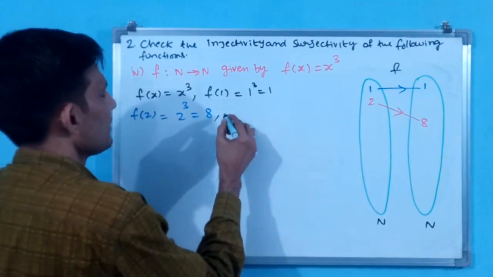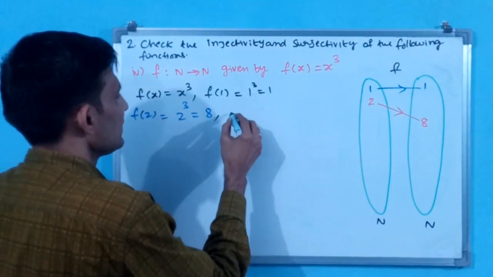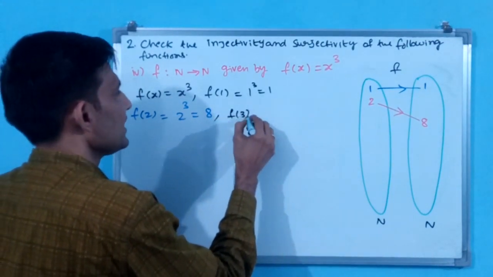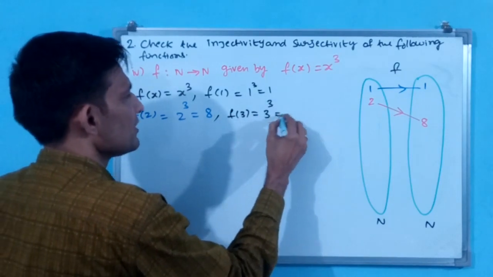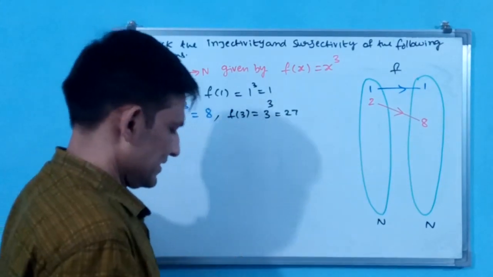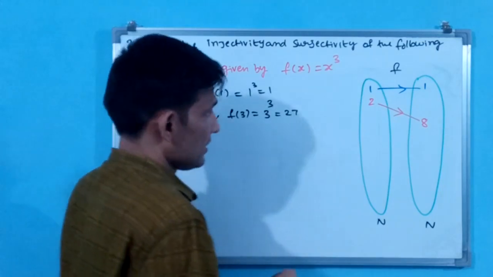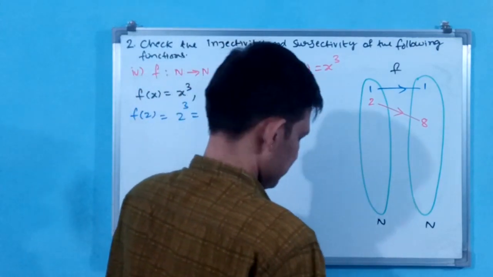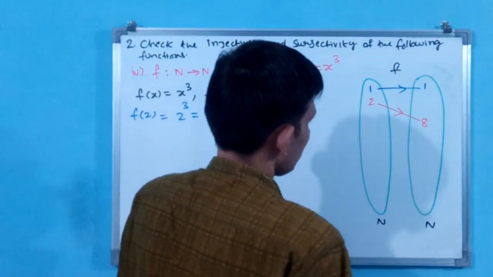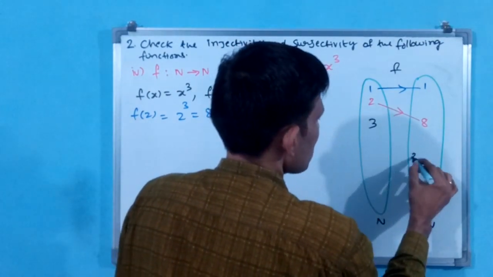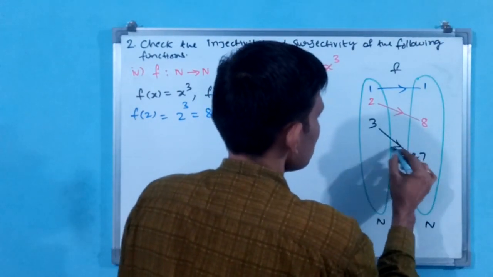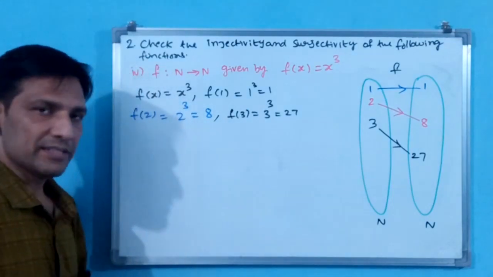Let me take 3 only. F of 3 is equal to 3 cube. That is equal to 27. Okay. 3 is here, 27 is here, 3 to 27 relation is there. Why? Because 3 threes are 9, 9 threes are 27.